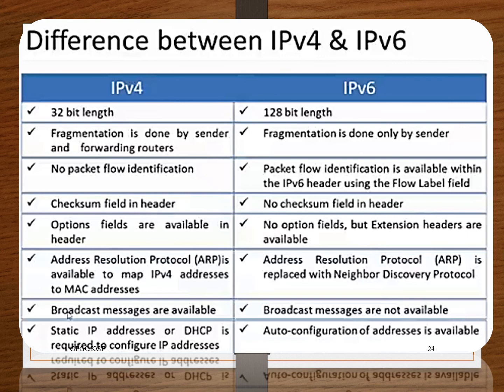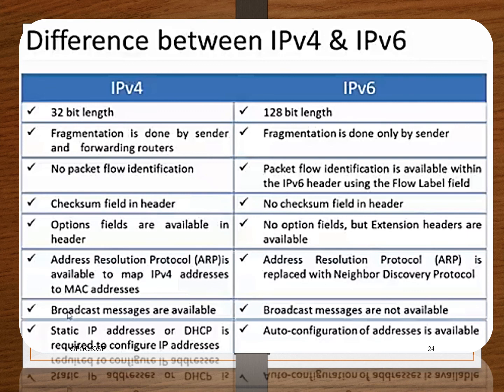In IPv4, option fields are available in the header, whereas in IPv6, there is no option field but extension headers are available. IPv4 has ARP, Address Resolution Protocol, which translates or maps IPv4 addresses to MAC addresses, whereas in IPv6, ARP is replaced by Neighbor Discovery Protocol. IPv4 has broadcast messages, whereas IPv6 does not have broadcast messages.